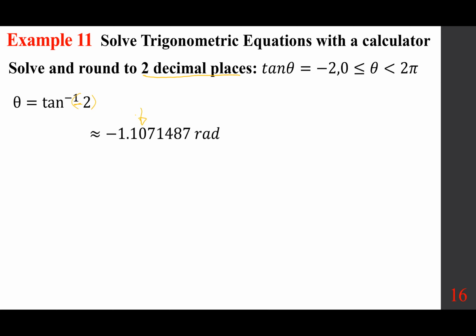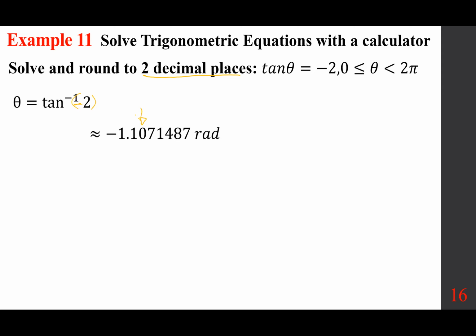Why is this the answer? Because tangent has been restricted from -pi over 2 to pi over 2, and because it's -2, it will answer negative, and we want to bring it up to 0 to 2 pi.